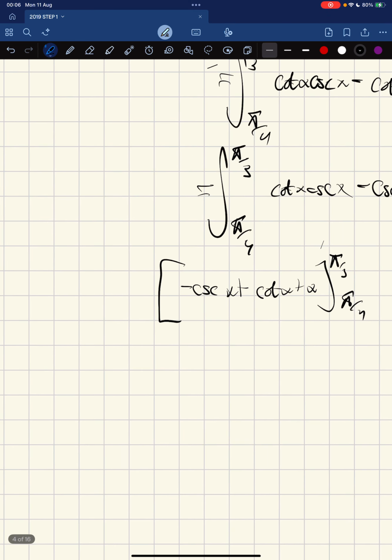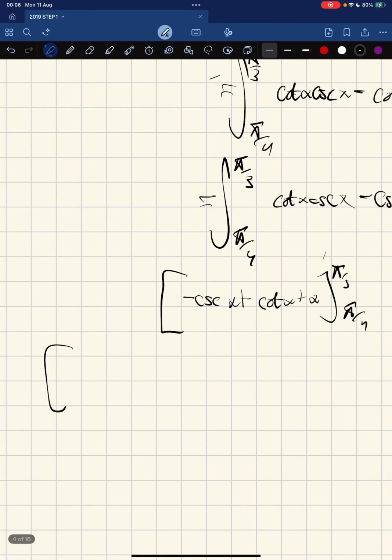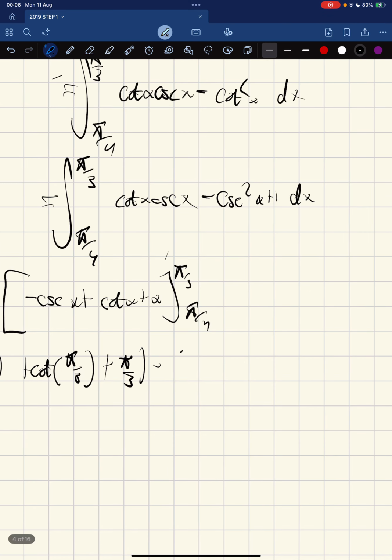minus cosec pi over 3 plus cotangent pi over 3 plus pi over 3, minus, cosec pi over 4 plus cotangent pi over 4 plus pi over 4.